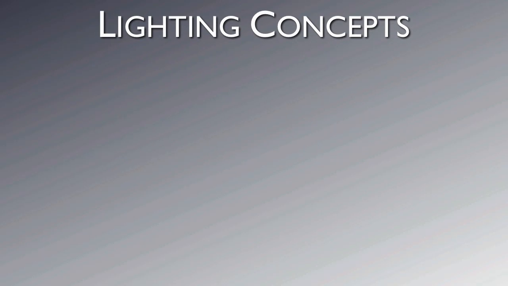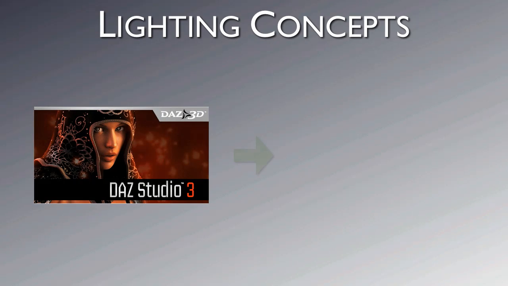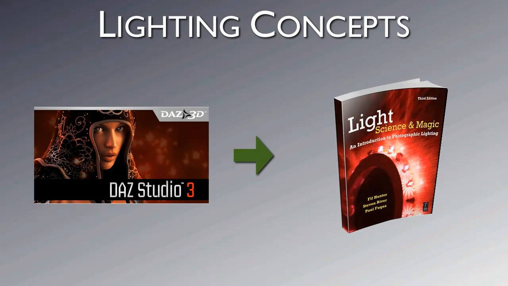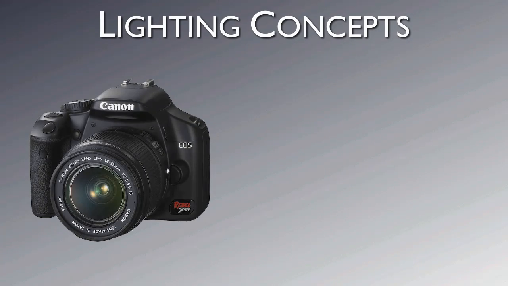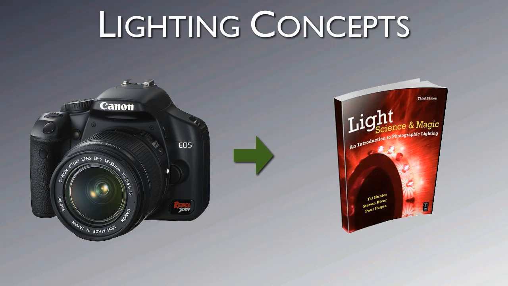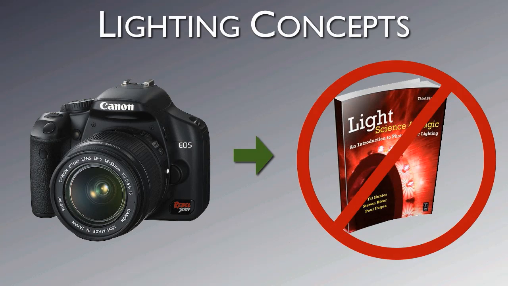This is not surprising. Programs like Studio don't come with documentation that explains lighting. This is normal. When you buy a photo camera, it doesn't come with lighting instructions either. Similarly to using a camera, if you don't learn a little bit about lighting, it will be hard to create beautiful images.